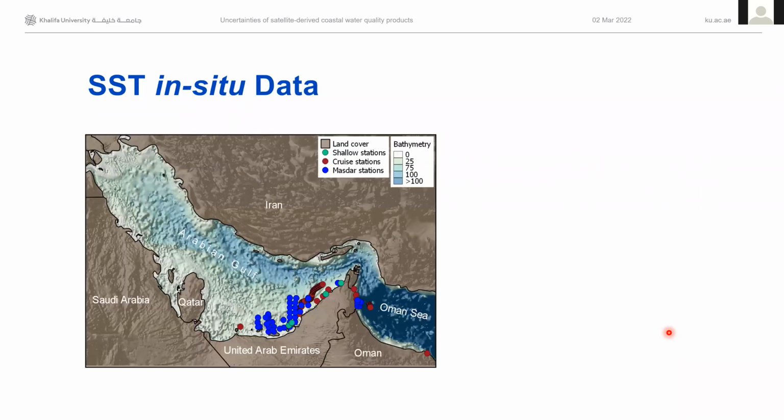Based on the in situ data collected at different cruises along the UAE, considering the Masdar station, the cruise station of Muscat, and also the shallow water station, we have collected SST measurements in this region for different years and also different seasons. We want to compare these in situ measurements with the MODIS SST, see the uncertainties of MODIS compared to these coastal areas, and interpret the uncertainties with the parameters that I have just shown.